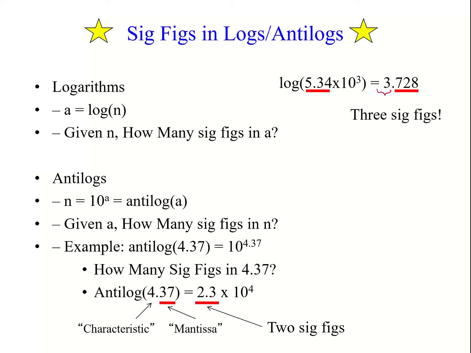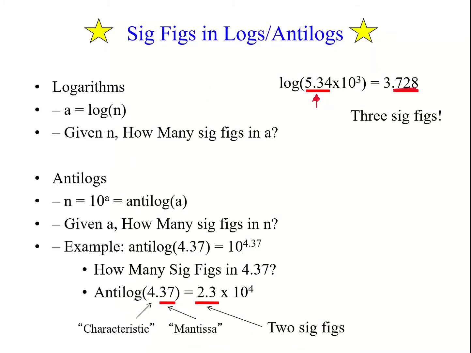This is the integer part, and this is the mantissa part, which is simply a decimal part. The number of digits in the mantissa of the logarithm should equal the number of significant figures in n. So if we are given an n, which is the number under the logarithm, and we know that it has 3 significant figures, then the a will have 3 decimals.